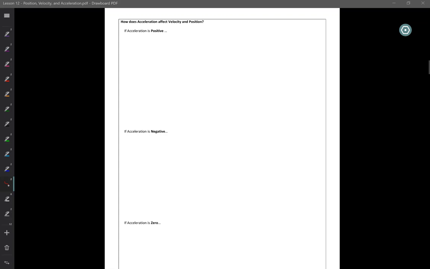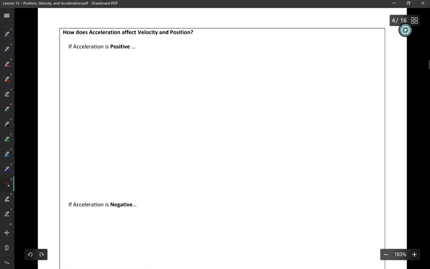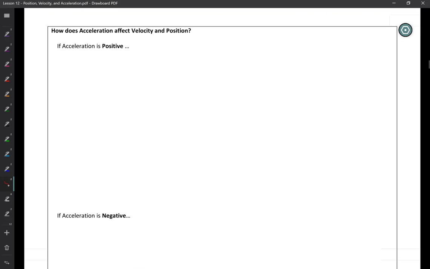All right, so now we're going to look at how acceleration affects velocity and position. If acceleration is positive, then velocity is increasing.